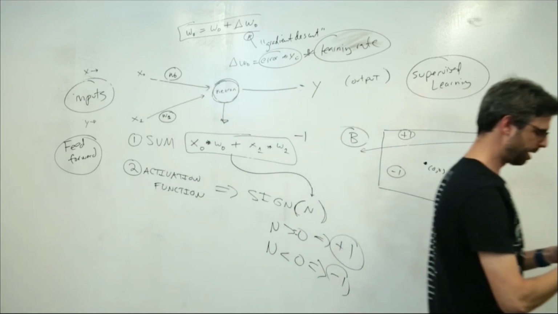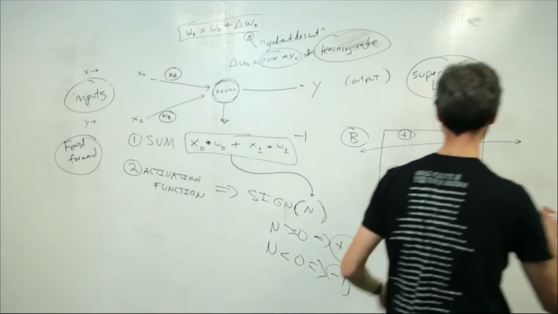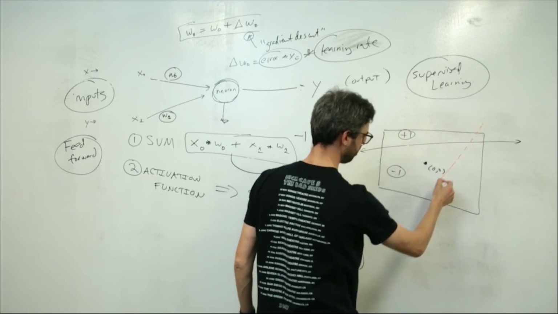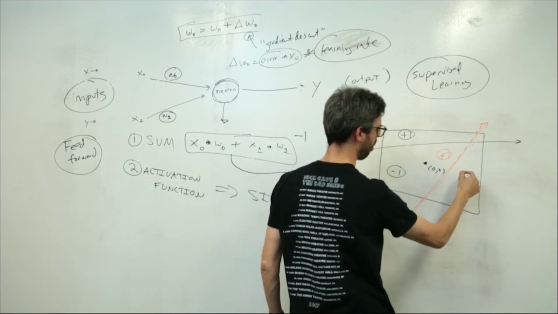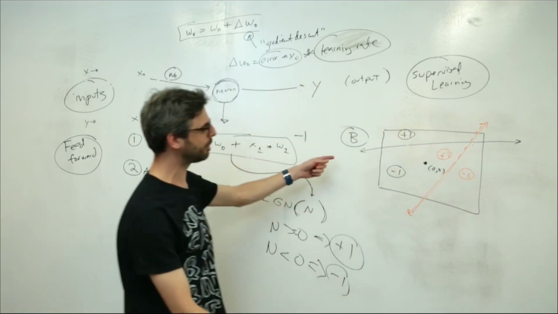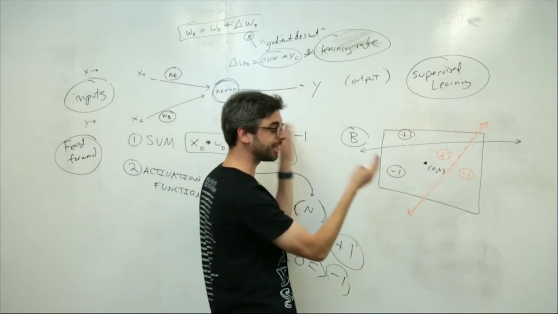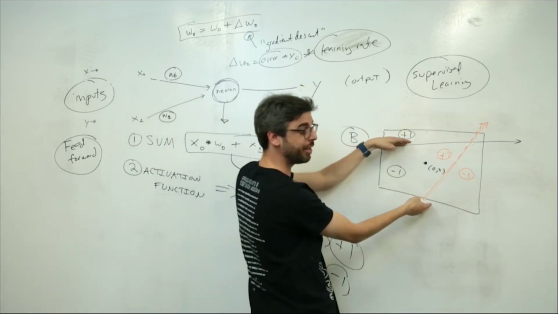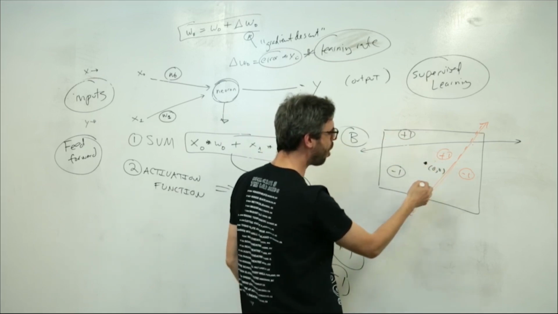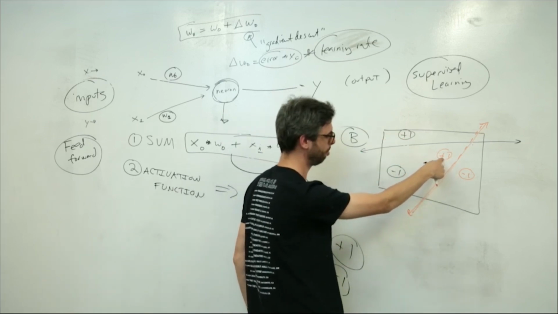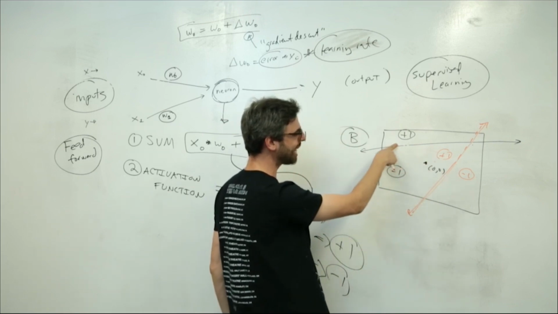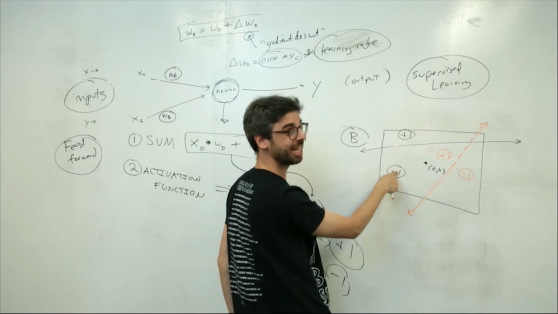Or maybe I want to use the same system, but categorize data as above or below this other line. So I want to use a perceptron to categorize both of these two scenarios with the same exact code. Well, in the orange case, 0, 0 should be a +1. In the black case, 0, 0 should be a -1.